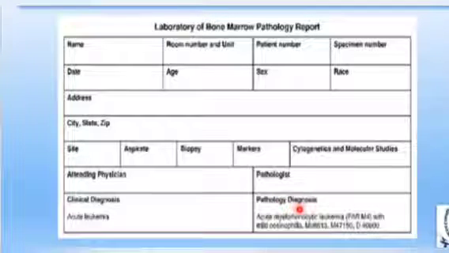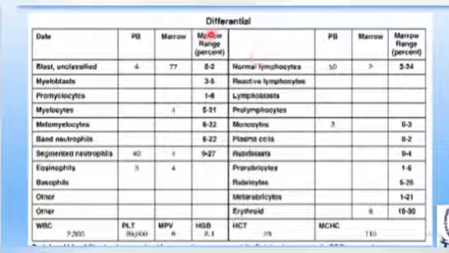Then here we have the pathological diagnosis, like in this case acute myelomonocytic leukemia, M4, and if he has some clinical disease or clinical history previously, we mention it here. Then we have the myelogram. We also call it the differential count.